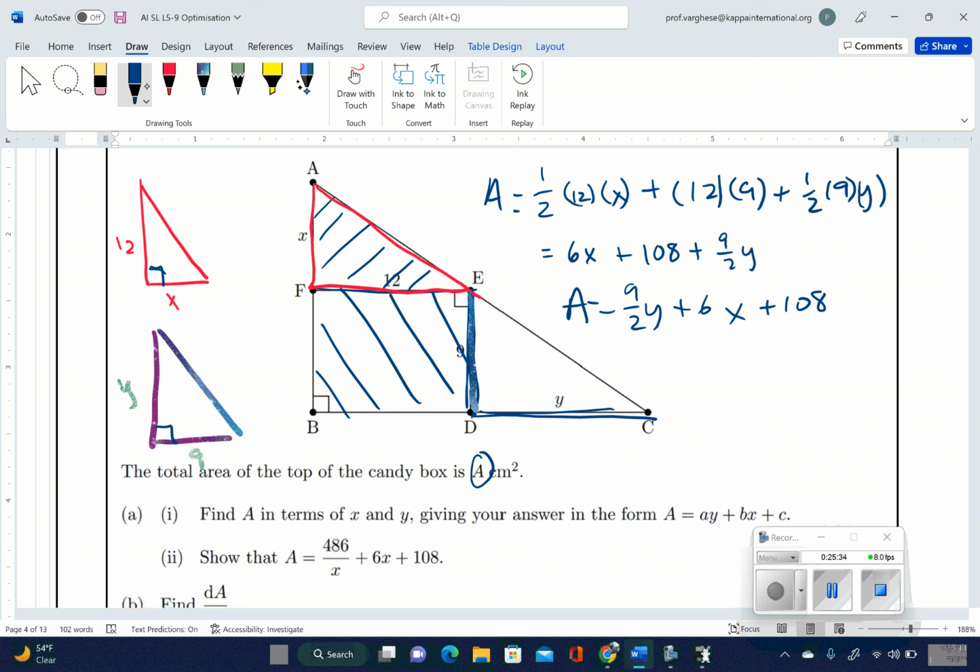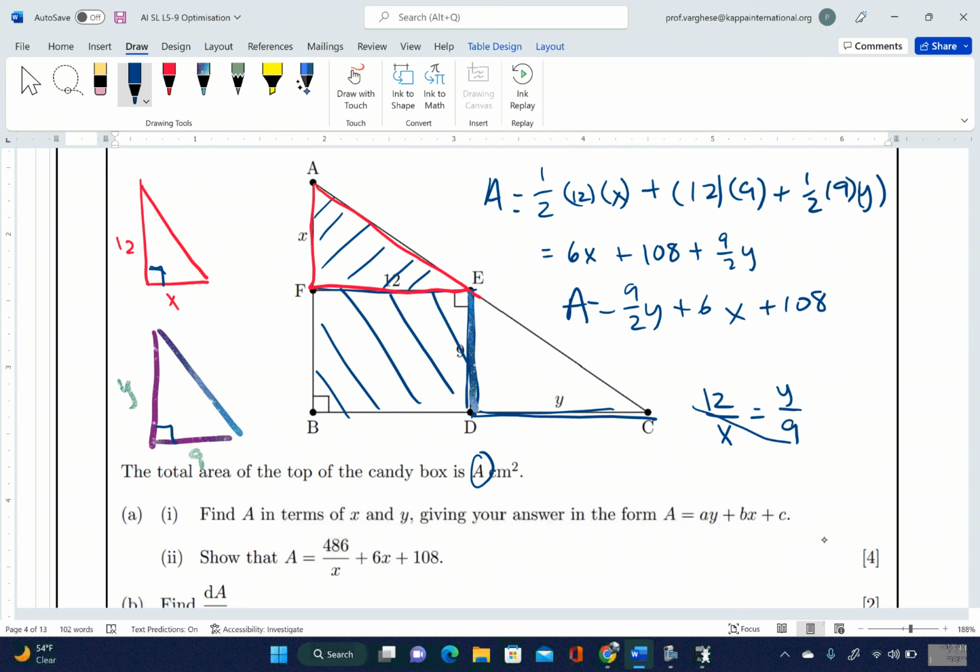So here is what I mean by that. Similar triangles is like if I have this longer side, 12, over the shorter side of this triangle, x, is equal to the longer side, which is y, over the shorter side, which is 9. And if I solve this, remember, the goal right now is to get rid of the y, and get y equals something with an x in it.